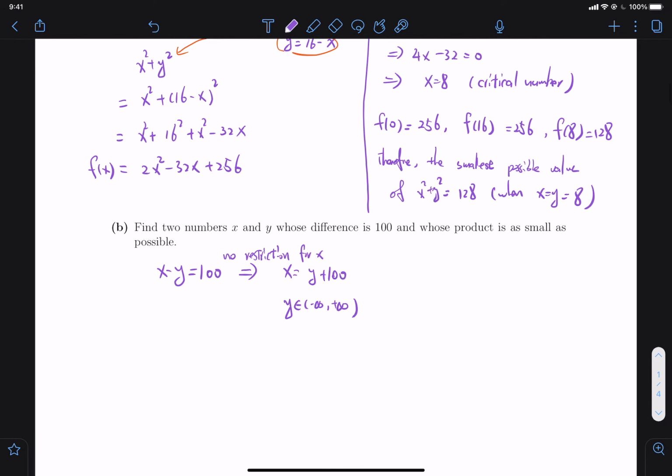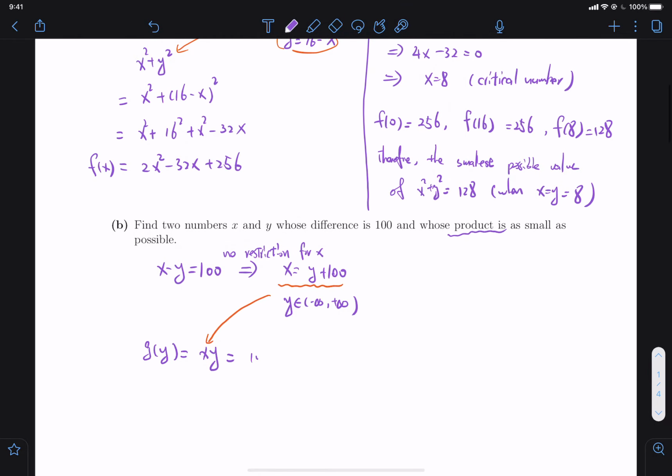Now our target function is g of y, which is the product, x times y. Since we have expressed x in terms of y, we plug that in, so we have y plus 100 times y, which is y squared plus 100y.